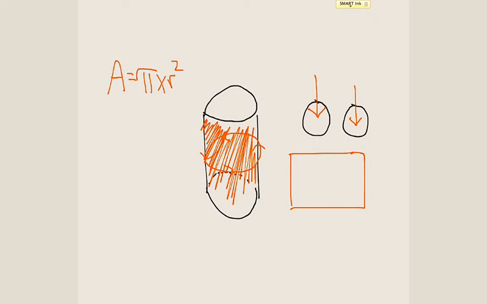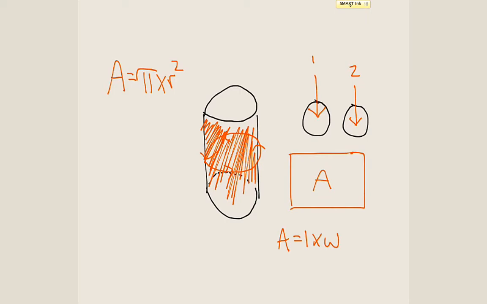We need to find that for this circle here, which is circle 1, and for this circle here, which is circle 2. We're going to add those areas up, and then all we need to do is find the area of this rectangle here. The area of the rectangle is pretty simple. It's length times width.